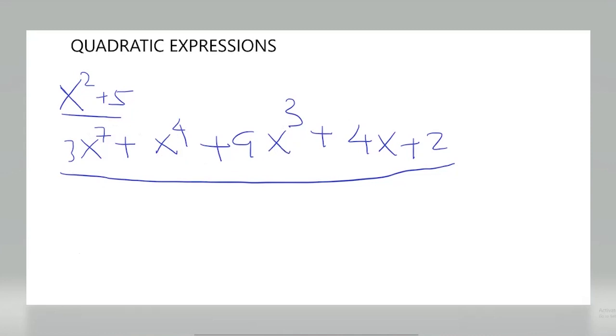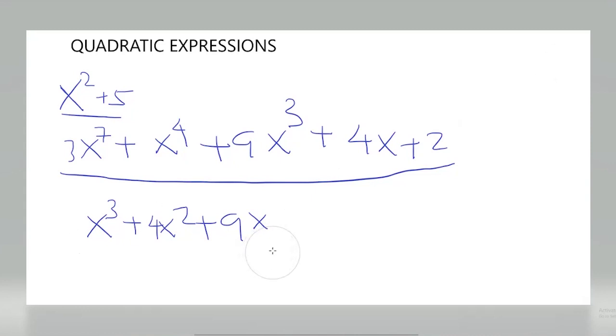Or consider this one. x power 3 plus 4x squared plus 9x. What is the highest exponent? It is 3, so this one is not a quadratic expression. As I've told you, a quadratic expression always has the highest exponent of 2.